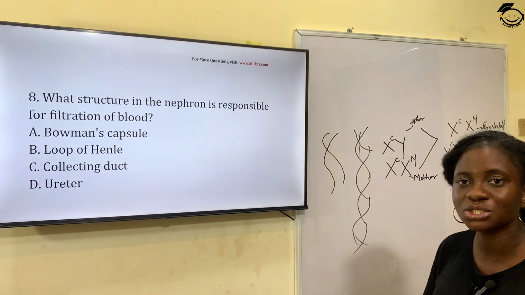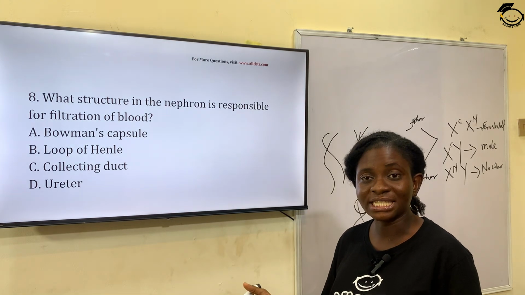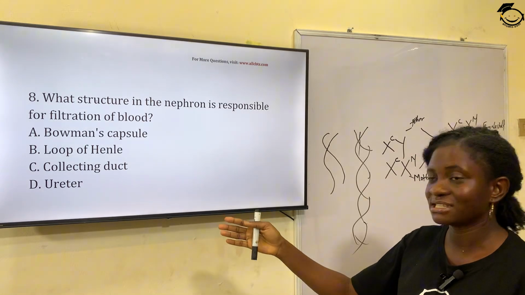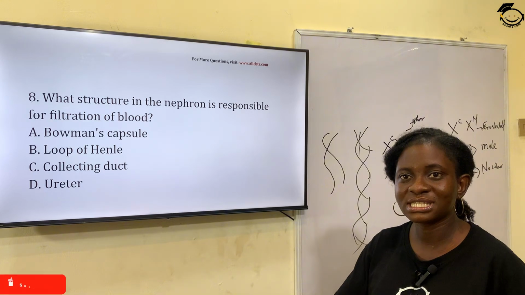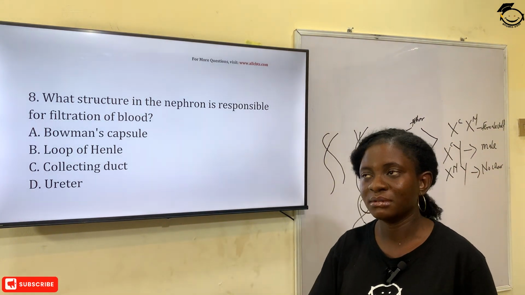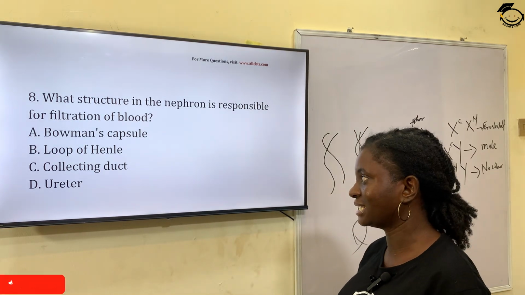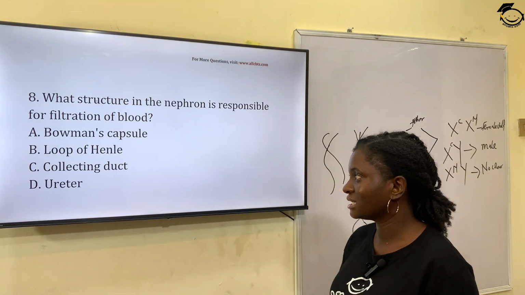Option C, collecting duct. And D, ureter. The Bowman capsule is involved in filtration, while the others, the loop of Henle, reabsorption of water, collecting duct takes urine to the pelvis, and ureter removes urine from the kidney, then passes it out to the bladder. So the correct option for filtration of blood is the Bowman's capsule.